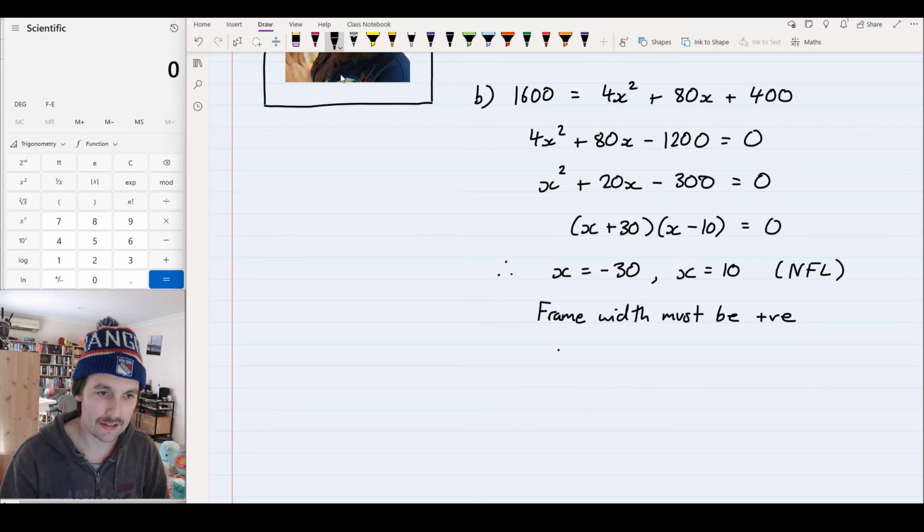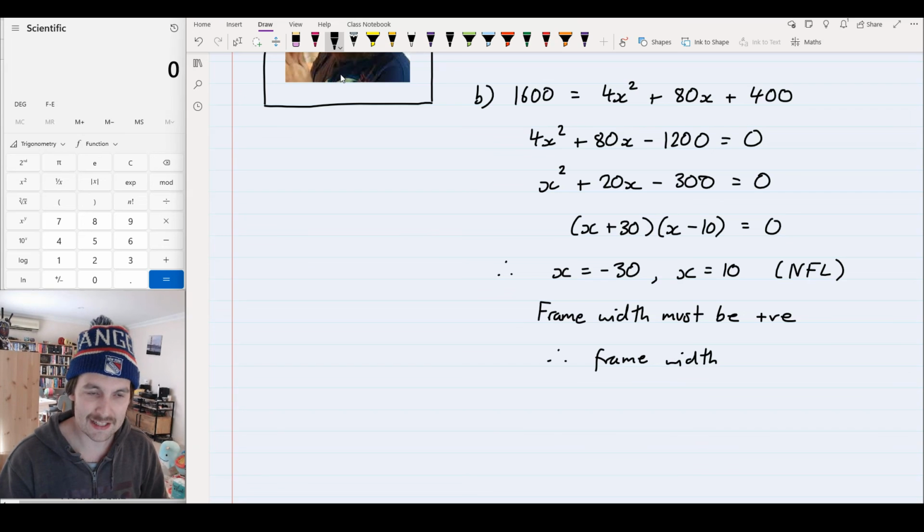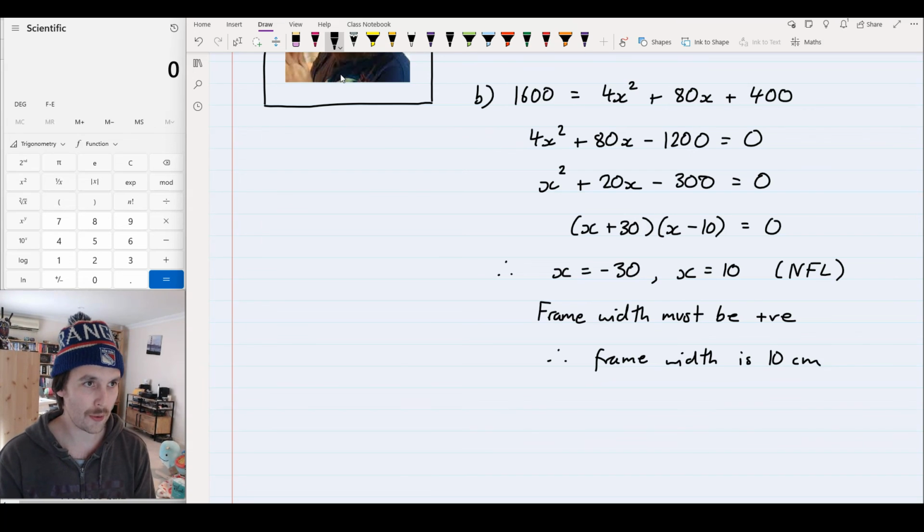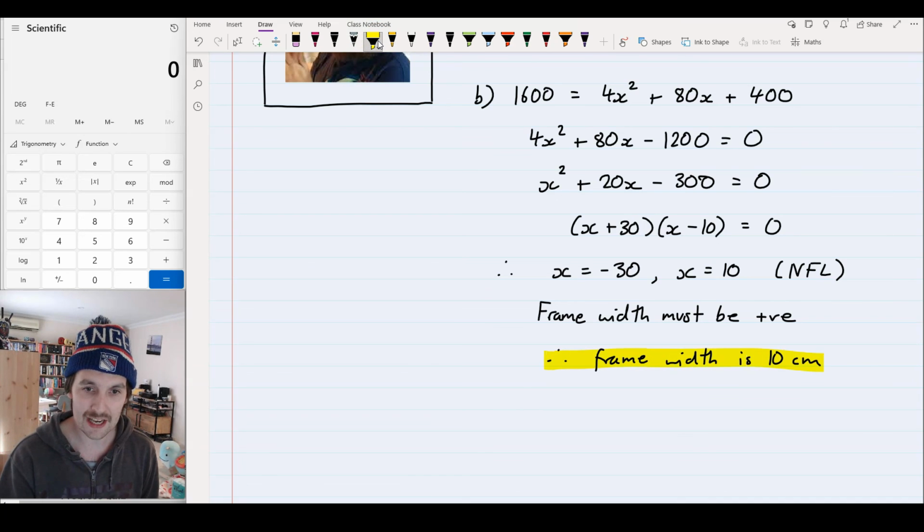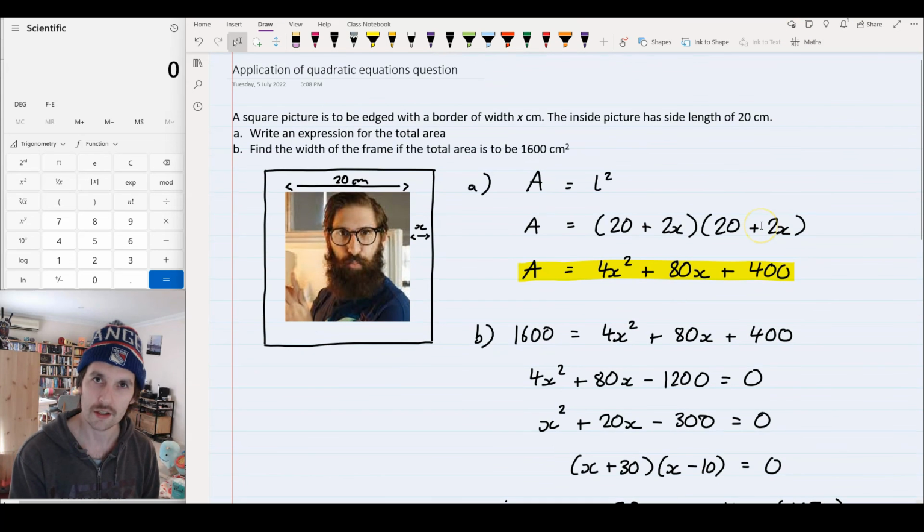I'm going to say, therefore, frame width is 10 centimeters. The reason for that is I have to reject the negative 30 because I can't have negative length in this context at least. So frame width is 10 centimeters. What you're doing there, you're showing that using that technique, you do get two answers, but you're saying in your answer, I'm going to reject one of them because that one doesn't make sense for the type of question that it is. Super duper.